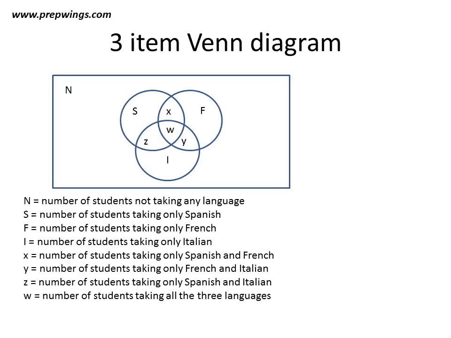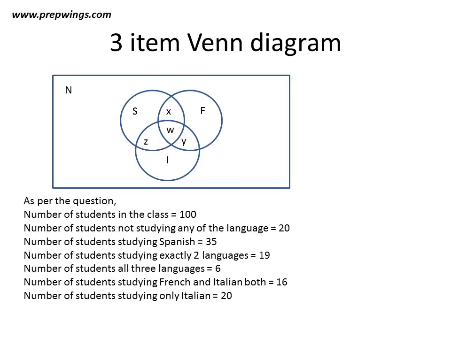X represents number of students taking only Spanish and French. Y represents number of students taking only French and Italian. Z represents number of students taking only Spanish and Italian. And W represents number of students taking all the 3 languages. So now we have this data in front of us from the question that we looked at earlier. We also have all the variables in front of us in the Venn diagram.